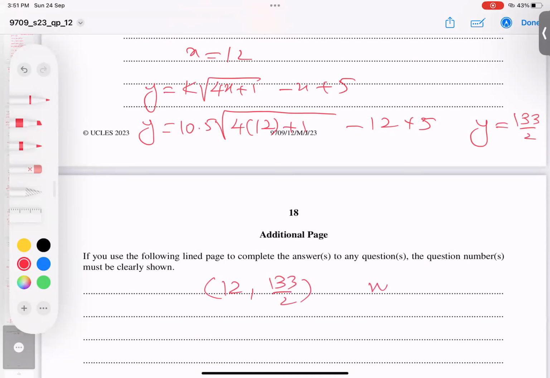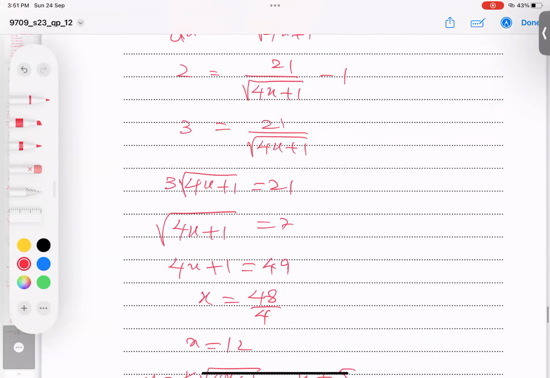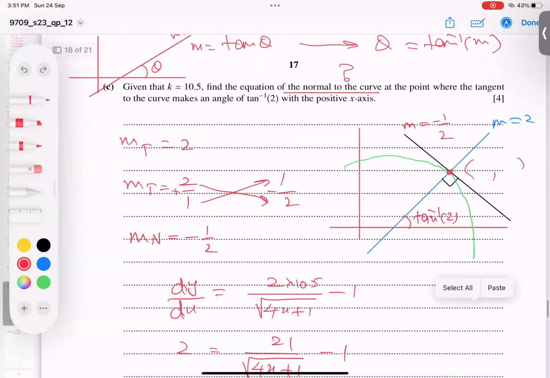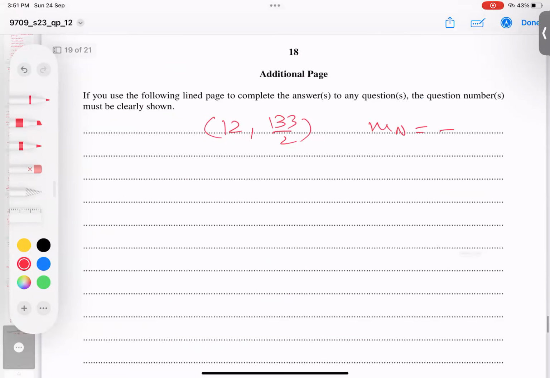And the gradient of the normal I already have, that is negative half. So I use negative half. So what is the formula? y minus y1 equals m times x minus x1. I think I can multiply the whole equation by 2 to get rid of this 2.